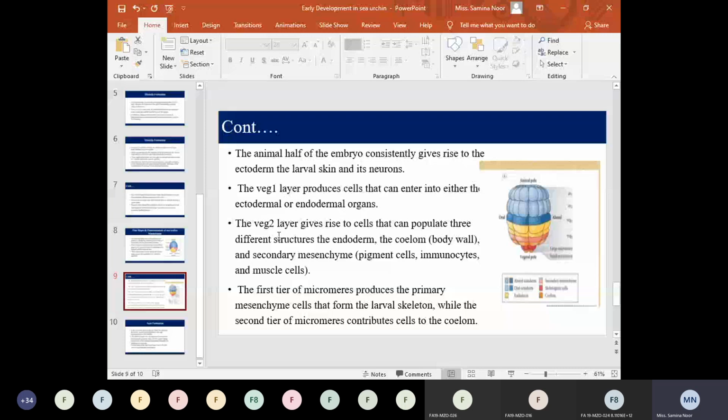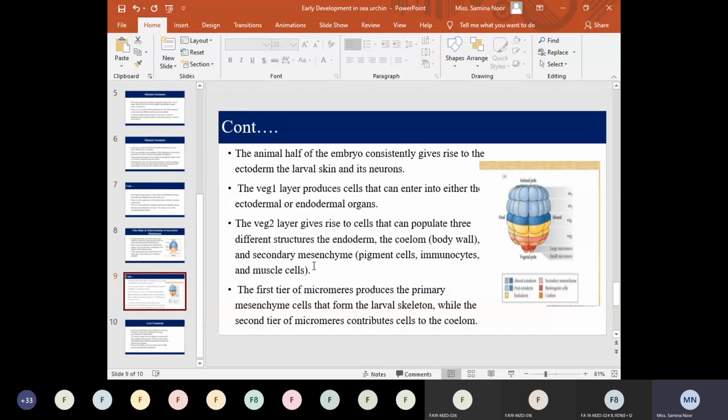The VG2 layer, lying just below the VG1 layer, gives rise to cells that can populate three different structures. The progeny of the VG2 layer in future populate the endoderm, the coelom, which is the body cavity, and the secondary mesenchyme.